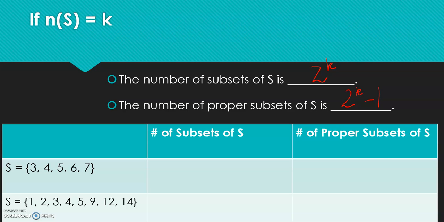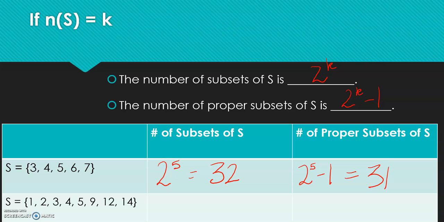What is our number of subsets of S and our number of proper subsets of S? If we look at our first set, S = {3, 4, 5, 6, 7}, there are 5 elements. 2 to the 5th will give us our number of subsets, which is 32. Our number of proper subsets is going to be 2 to the 5th minus 1, which is 31.